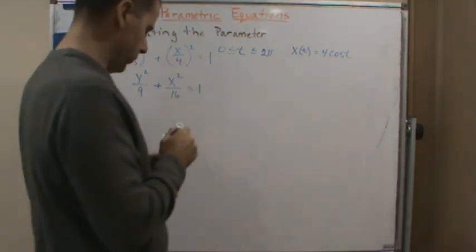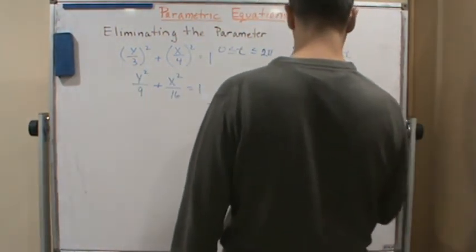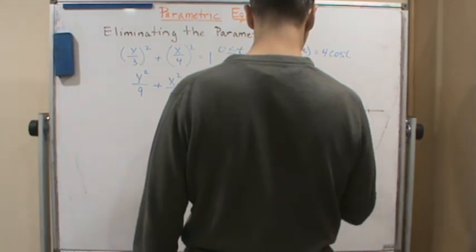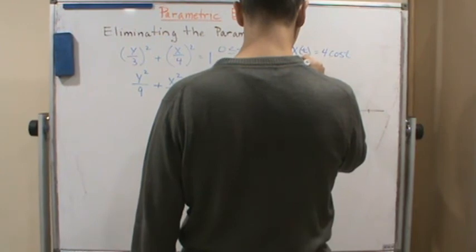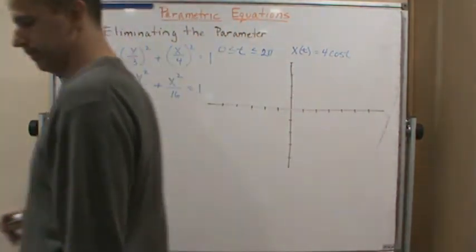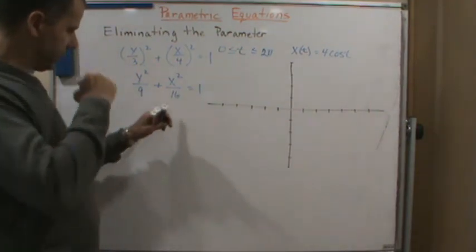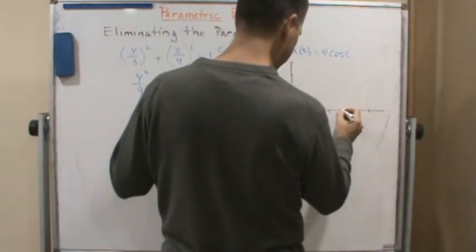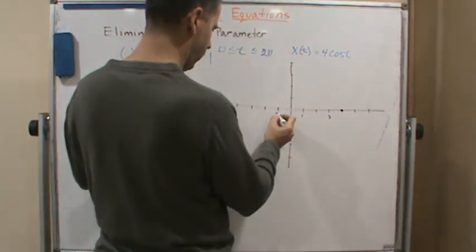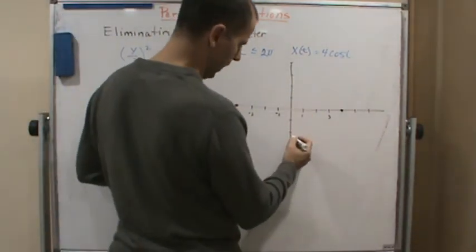Okay, and so if we draw, since this is the major axis, we know it goes out 4 units this way, so this is going to be here, and it goes out 4 units this way, so it's going to be here, and then on the minor axis it's 3 units down and 3 units up.